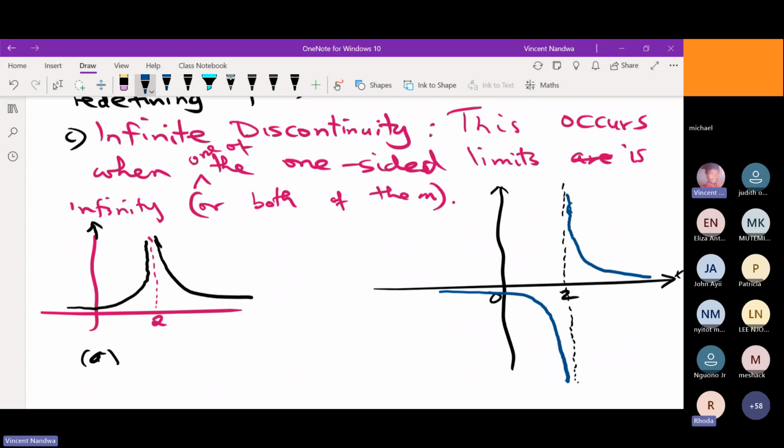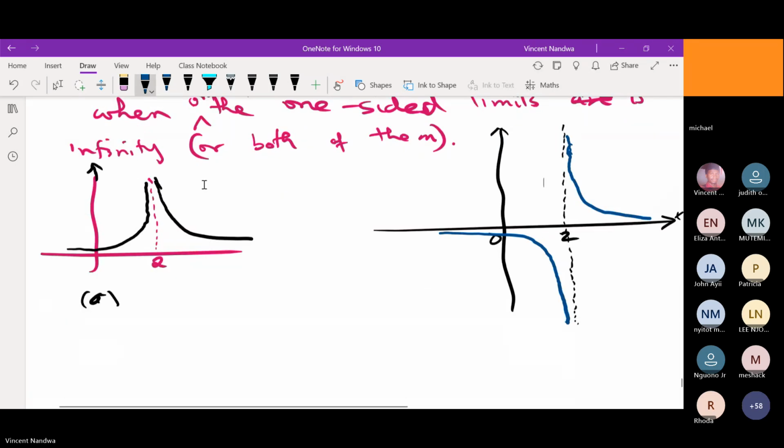So this is another example of a sketch of a function which has an infinite discontinuity at x equals 2. And we can also give another example here.